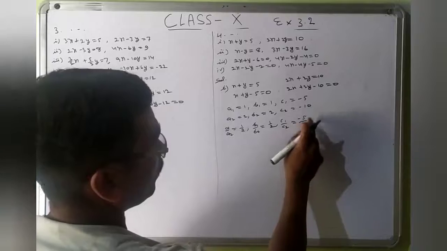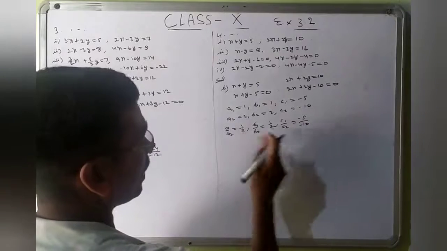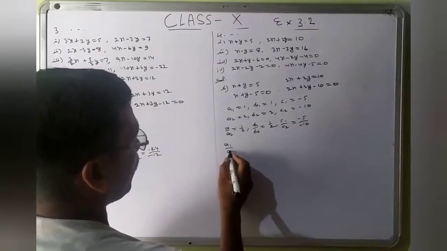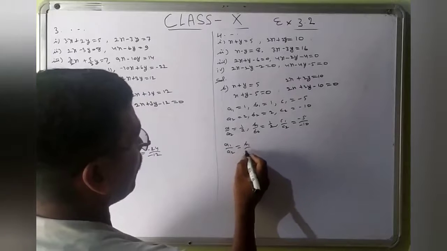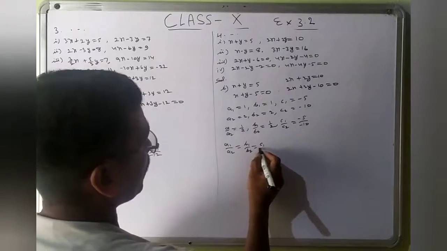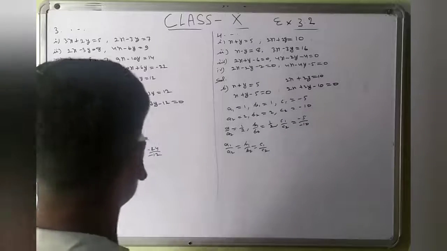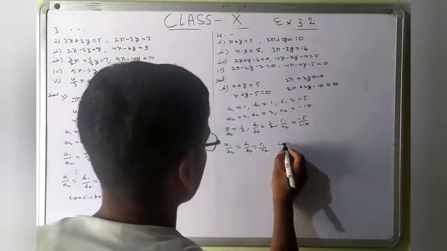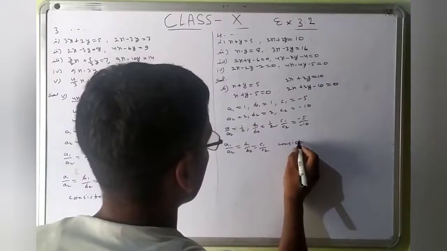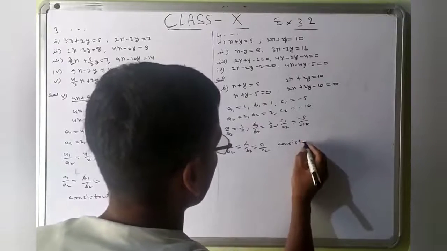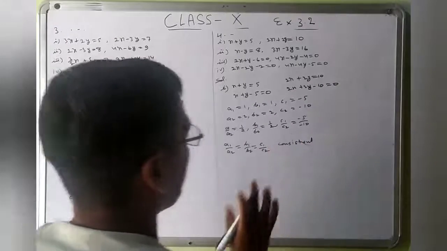All three are equal. So a1 upon a2 is equal to b1 upon b2 is equal to c1 upon c2. That is consistent, because it is not parallel.